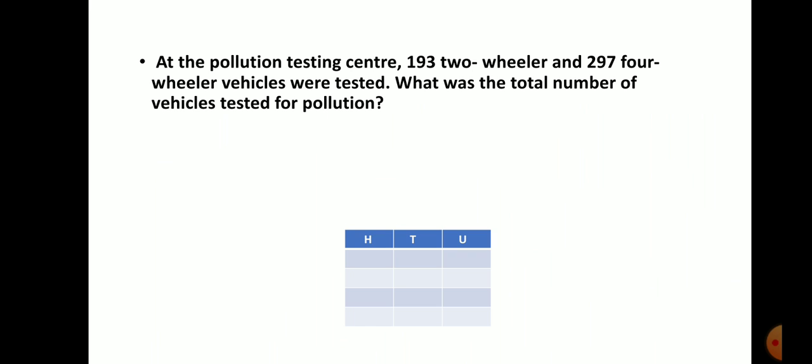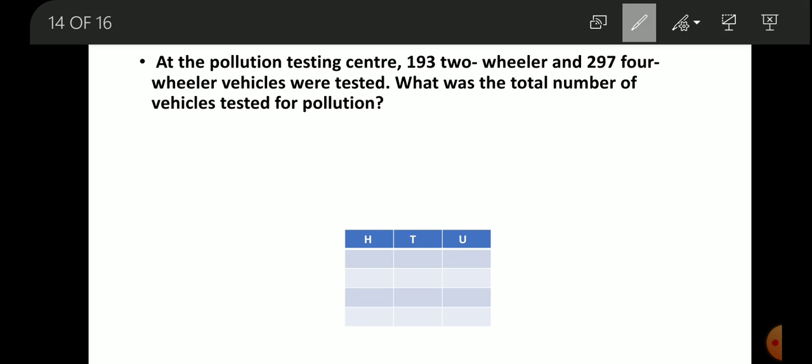Okay boys, fine. At the pollution testing center, 193 two-wheeler and 297 four-wheeler vehicles were tested. What was the total number of vehicles tested for pollution? Now boys, here I'll not write the statements, I'll tell you.